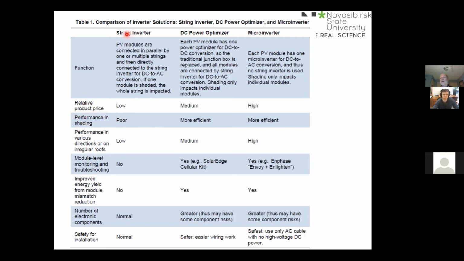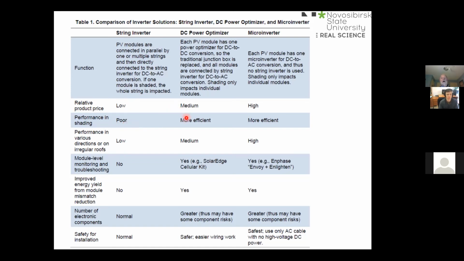If we have a string inverter, that is an inverter handling maybe 5 or maybe 10 or even more PV modules, then it actually has poor performance if there's shading. The next lecture will show you exactly why that happens, because it is all about shading.